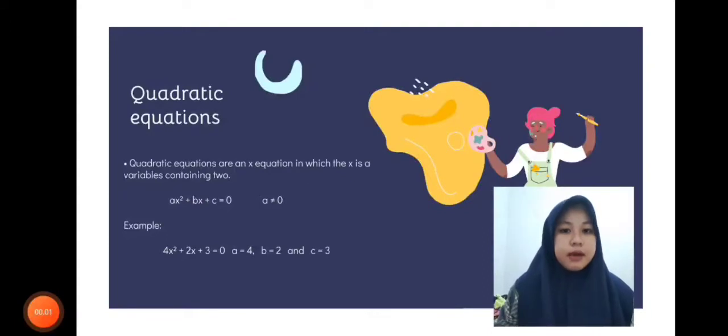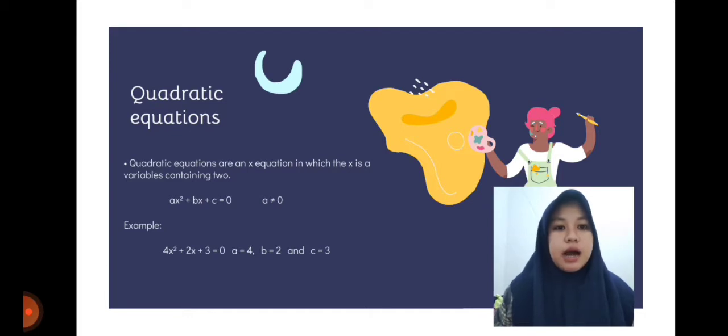Next, first we need to learn about quadratic equation. What is the meaning of quadratic equation? A quadratic equation is an equation in which x is a variable with the highest power of 2. The general form of the quadratic equation is ax squared plus bx plus c equals 0, where a, b, c are constants and a should not equal 0.